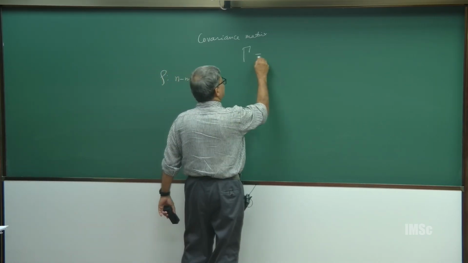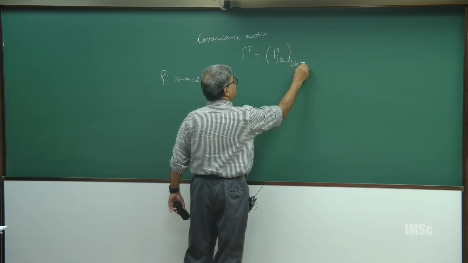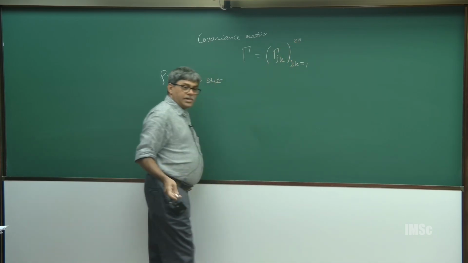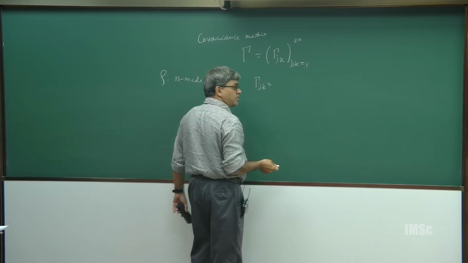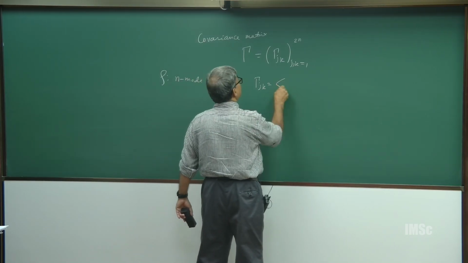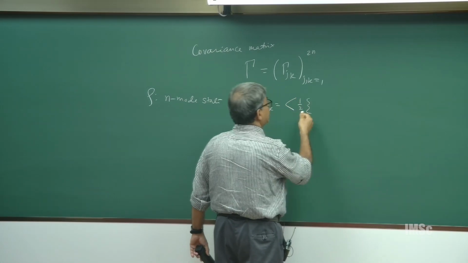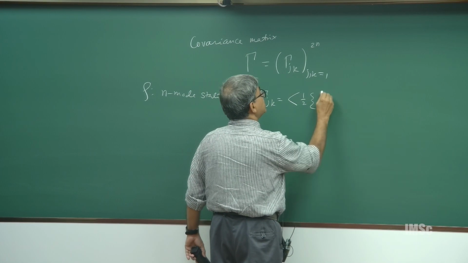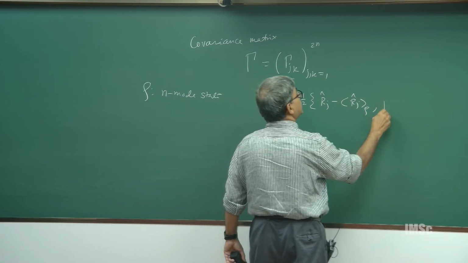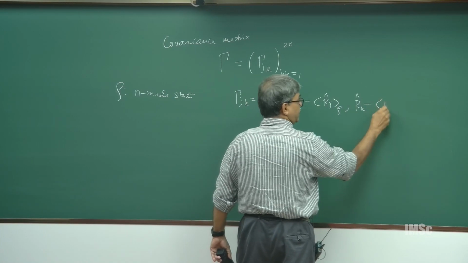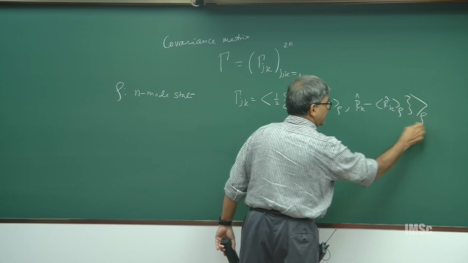So, this covariance matrix gamma has entries where j and k run from 1 to twice n, and then this gamma j k is of this form: you take the anticommutator average of R j minus the average of R j, and R k minus the average of R k, with respect to rho.